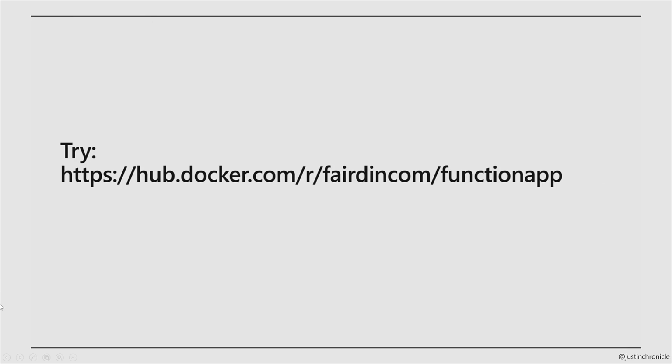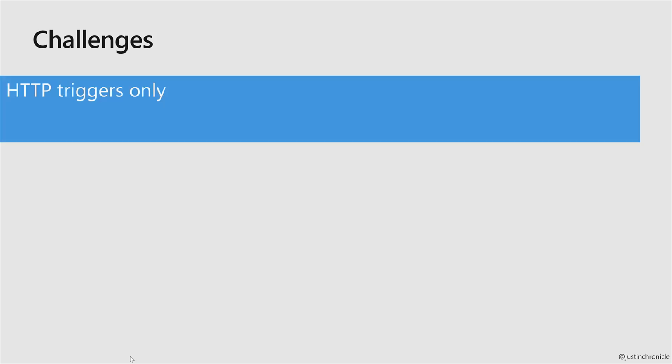Now let's move to the other slide. We can run the Azure Functions runtime in any other place, but it has challenges. We can only run Azure Functions with the HTTP trigger at this stage.